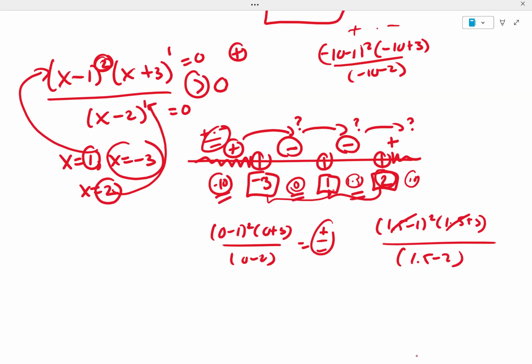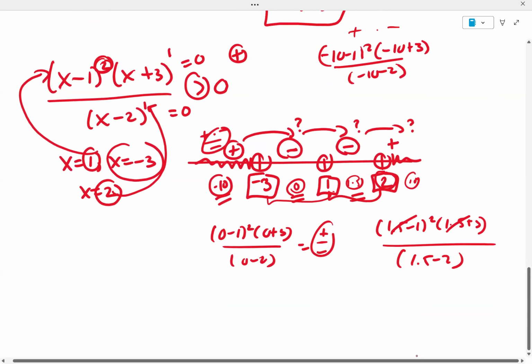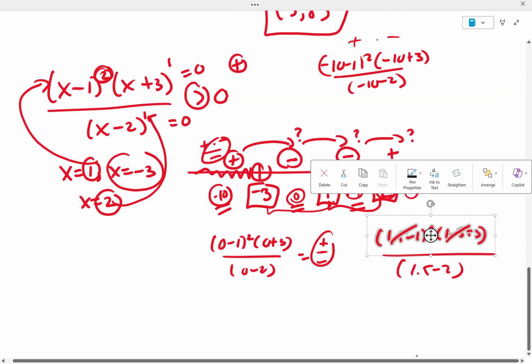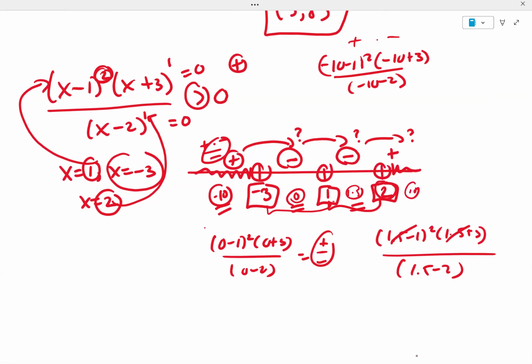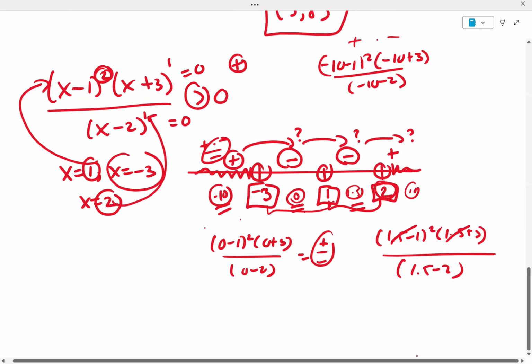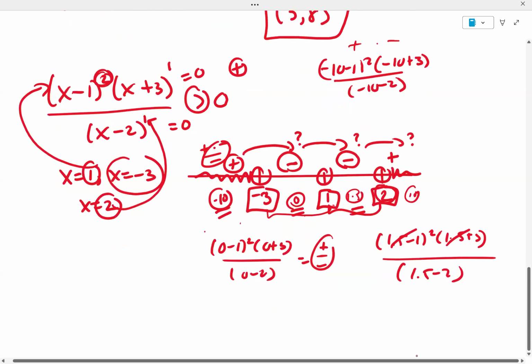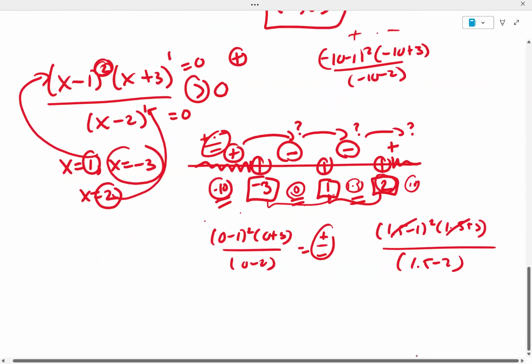And that's why we call this the candidate test, because we're picking values of x. We're picking candidates to test. And those candidates are numbers that lie within each of these intervals. And interestingly, it will tell us what the sign of y is by putting that value in for x.